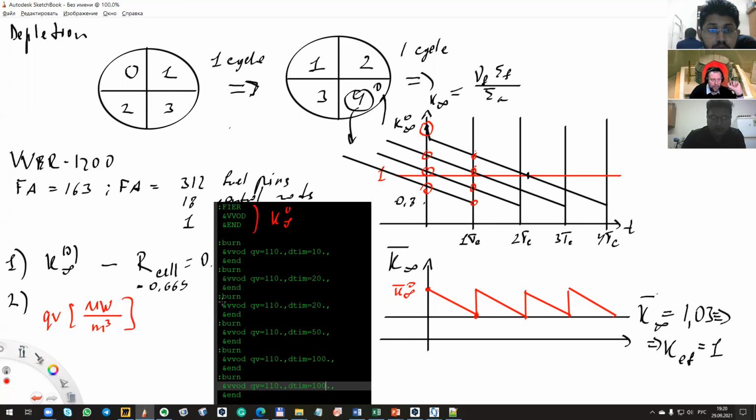In VVR-1200, the specific energy release is very close to VVR-1000. So need to check, but it's very close to 110, maybe 111. This one, check this.